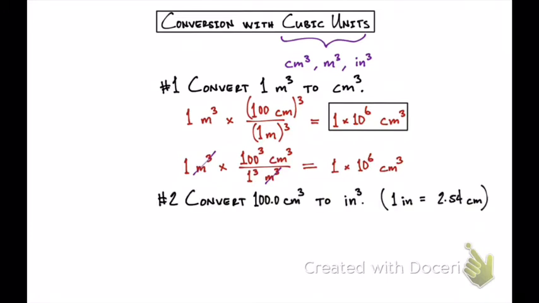All right, and here's another example. Convert 100.0 cubic centimeters to cubic inches. And we know that 1 inch is equivalent to 2.54 centimeters. Again, we're going to write down what's given, 100.0 cubic centimeters, and we're going to multiply this by the conversion factor. Okay, so we want centimeters at the bottom, inch up top. And so we're going to cube this numerator and also the denominator.